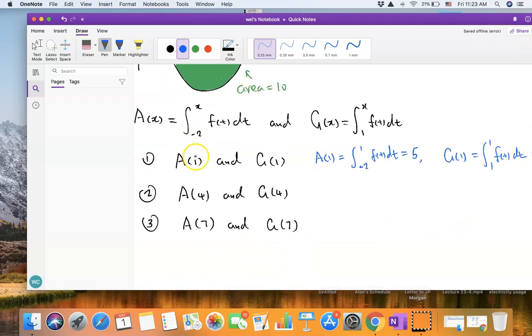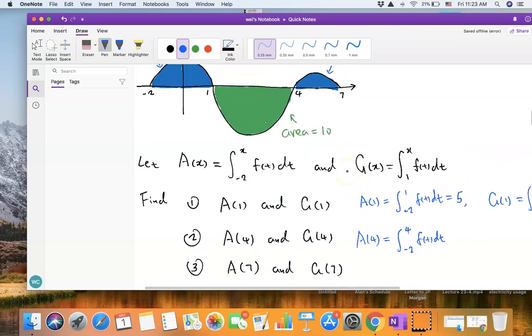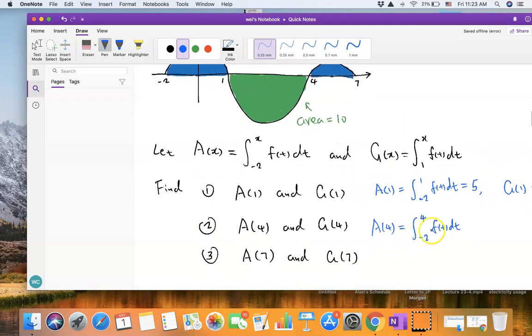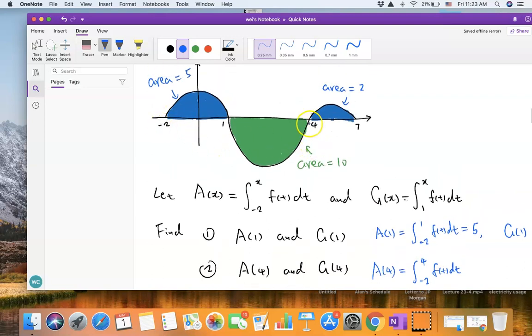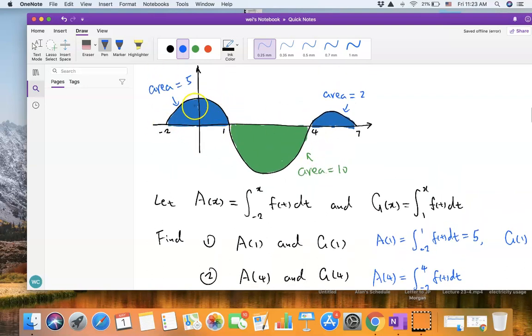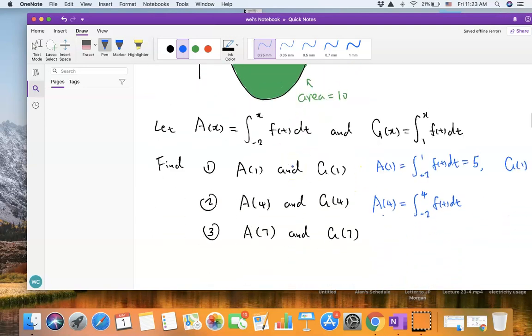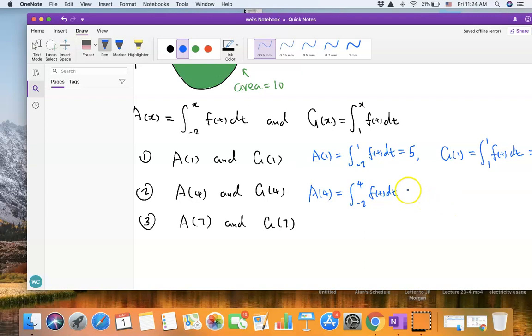Let's see A of 4. A of 4 equals the integral from -2 to 4 of f of t dt. The net area of this integral, from -2 to 4, is pi minus 10. So that equals pi minus 10.